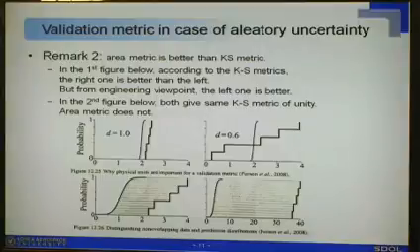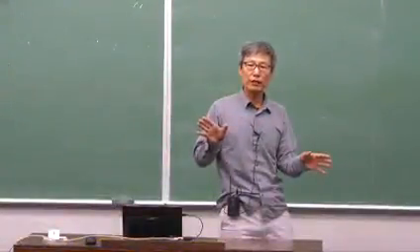Yes? Are there any issues with using the area metric? For example, it could be that two different ECDFs have the same area metric, but they probably have a different KS metric. So your question is the opposite case. We have the same area metric for the two cases, but the Kolmogorov-Smirnov metric is different.